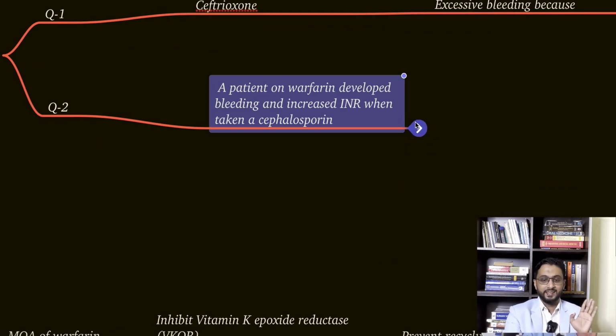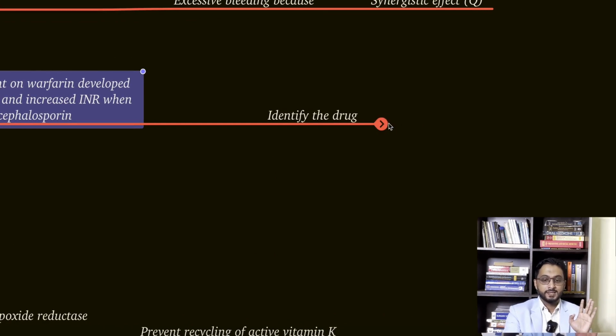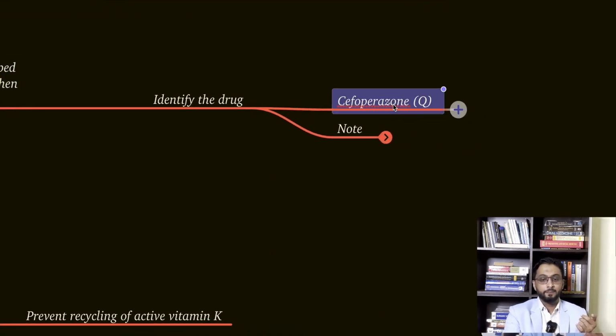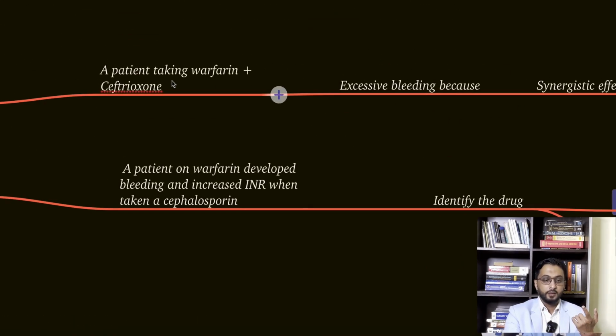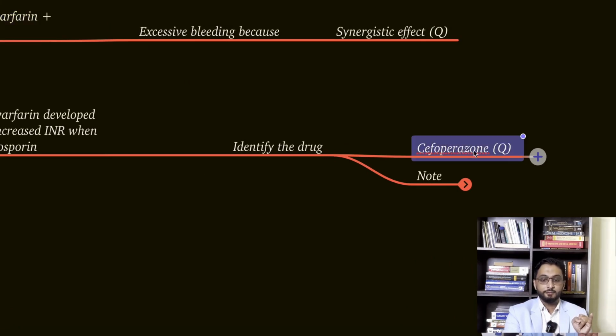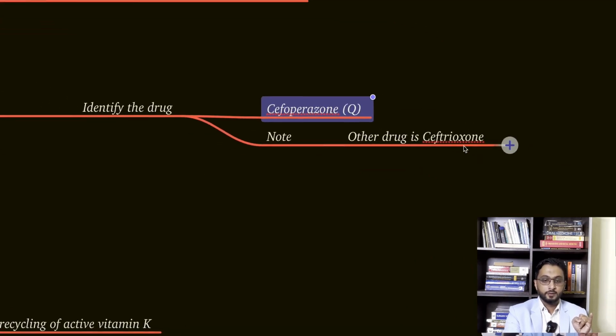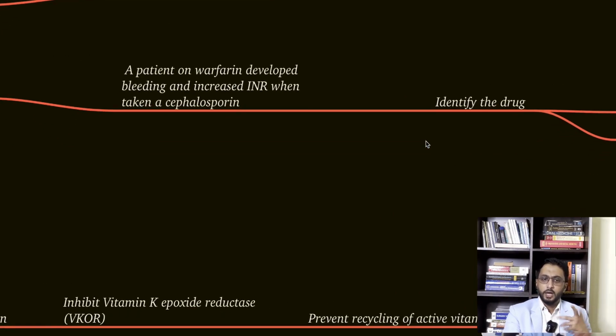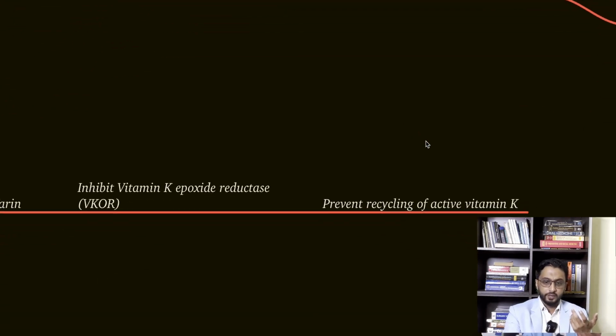Identify the drug. It is a third generation one, cefoperazone. So it can be either ceftriaxone or cefoperazone, the two third generation drugs. Even if they ask you to identify the drug, it's very simple.